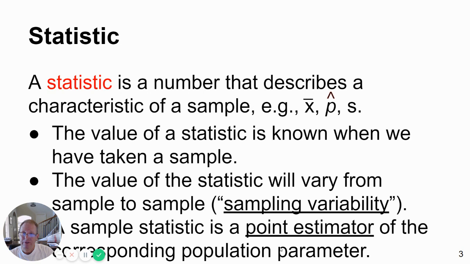A statistic is a number that describes a characteristic of a sample, and statistics have notations like x bar and p hat and s. Now the value of a statistic is known as soon as we take that sample, because we can calculate it. But the value of the statistic will vary from sample to sample, and that's something that we call sampling variability.